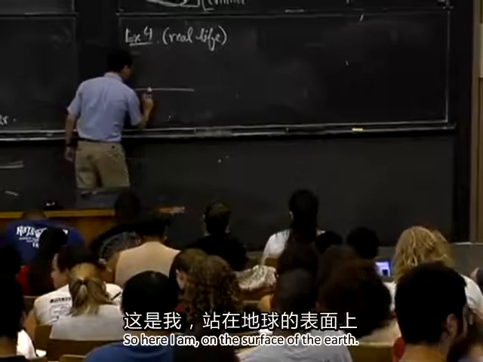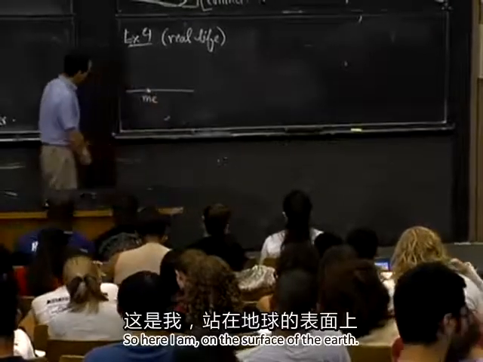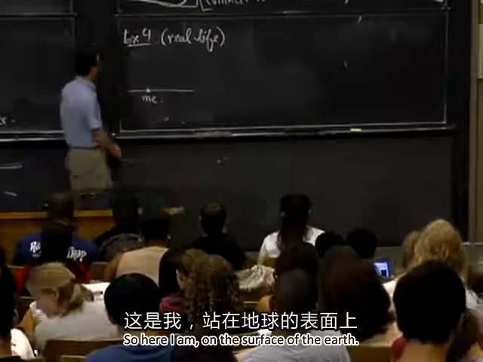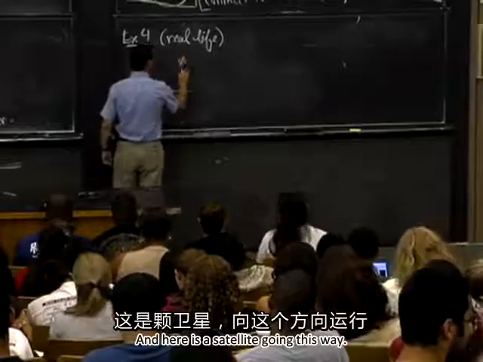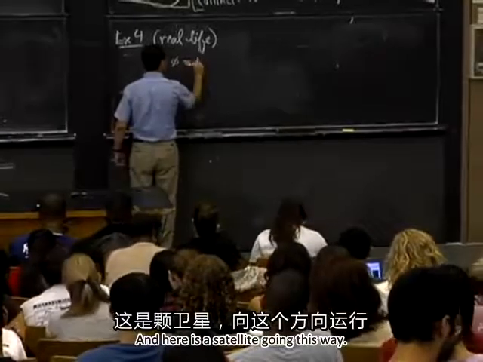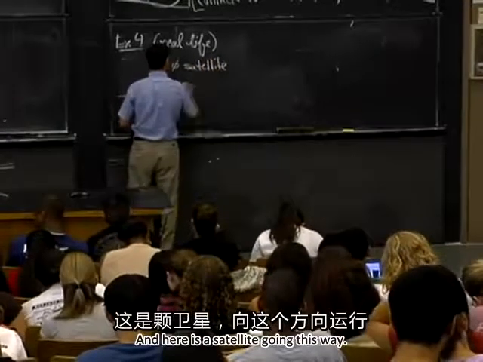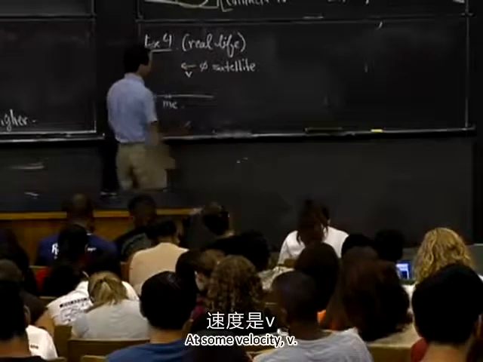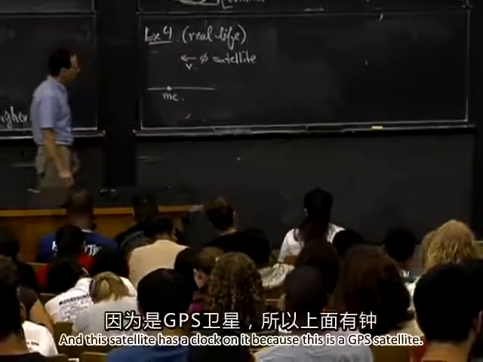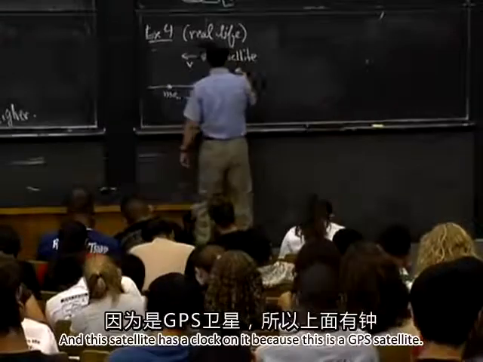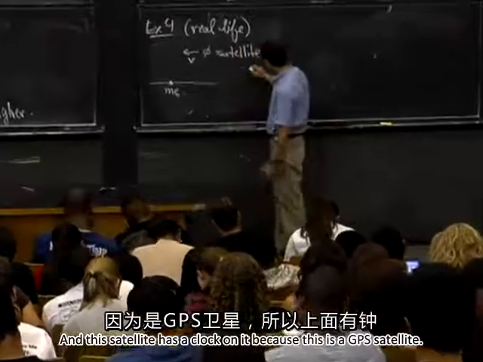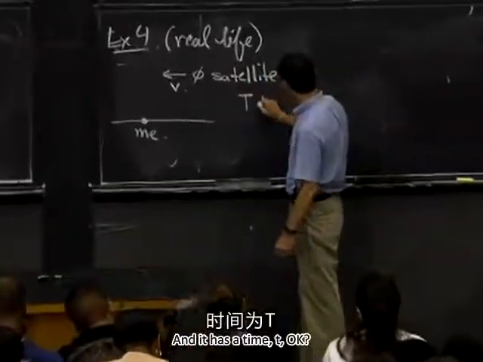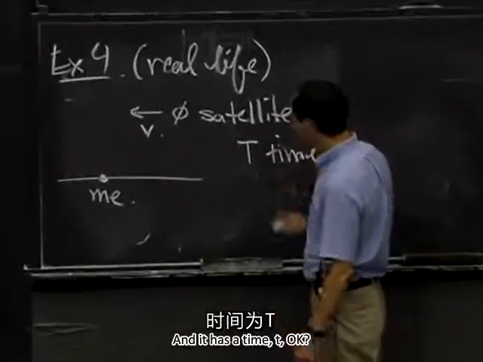So here I am on the surface of the Earth, and here is a satellite going this way at some velocity v, okay? And this satellite has a clock on it because this is a GPS satellite, and it has a time t, okay?